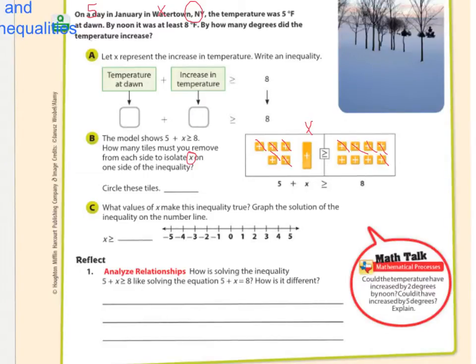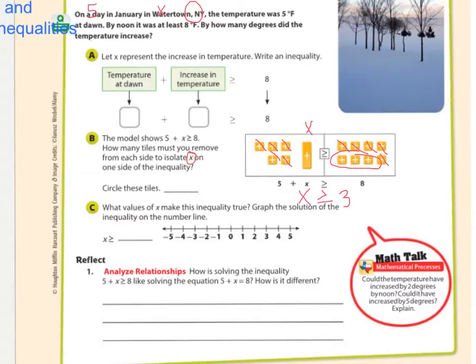And now all we have left is x is greater than or equal to, and then what do we have over here? 3. So it rose at least 3 degrees. 3 degrees, maybe more.